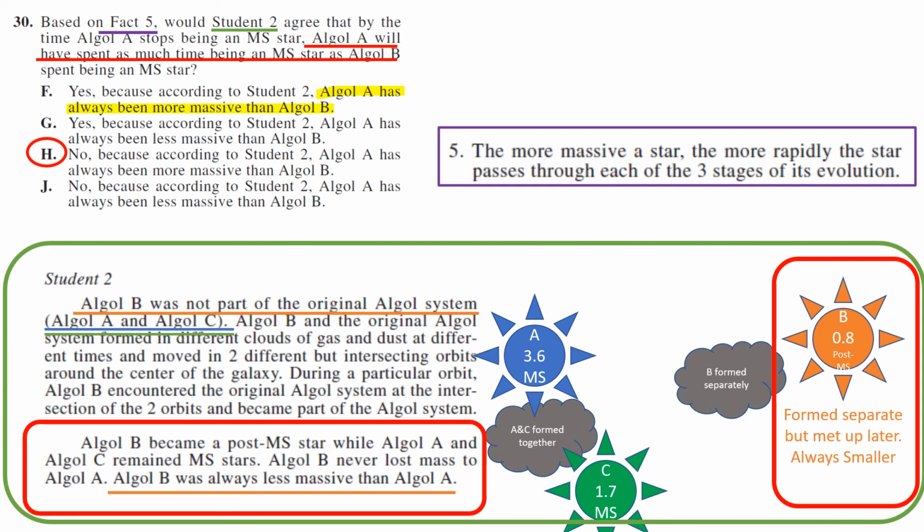B was always less massive than A is what it says. So F is wrong for that reason. J is also wrong. That goes against the reading. So you can eliminate F and J just because that's not what it says. Then you're just left deciding, well, is it yes or no? And that depends on understanding fact 5.